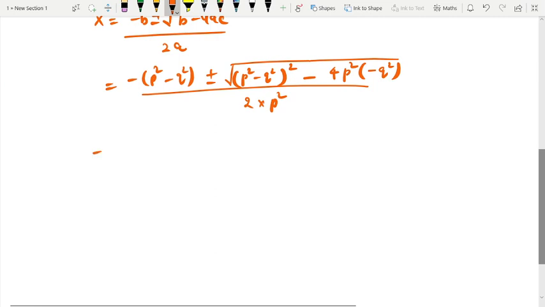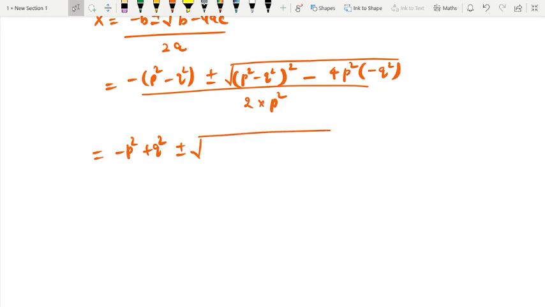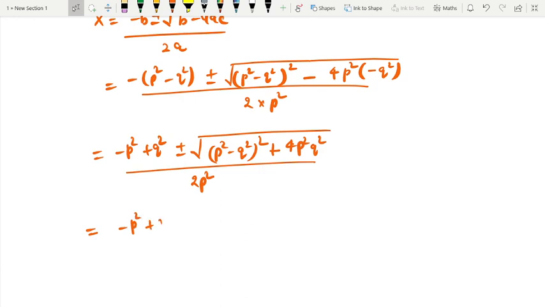So here minus p square plus q square plus minus under root p square minus q square the whole square, minus minus plus it will become plus 4 p square q square, divided by 2 p square. So we can write it as minus p square plus q square plus minus.